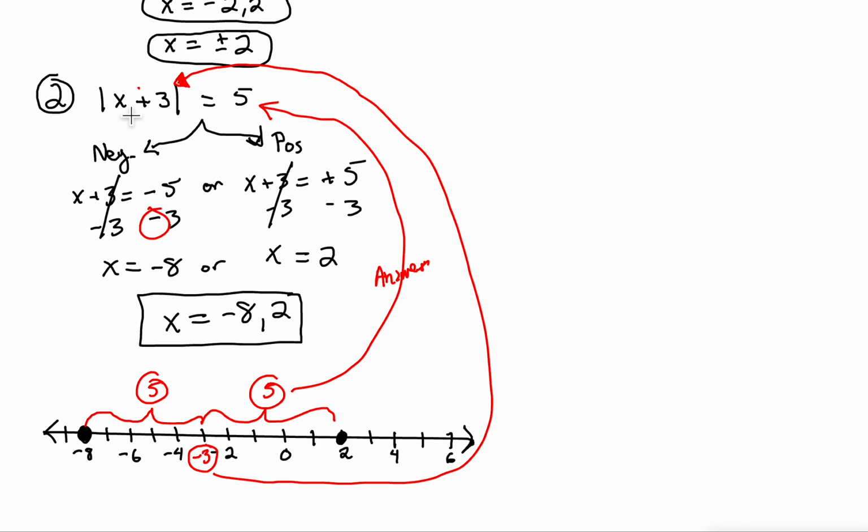So how I like to write that is the absolute value of x minus a negative 3, and put that negative 3 in an absolute value.